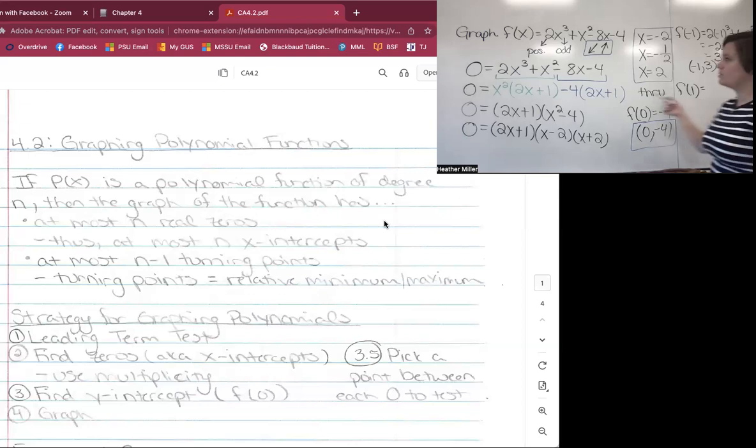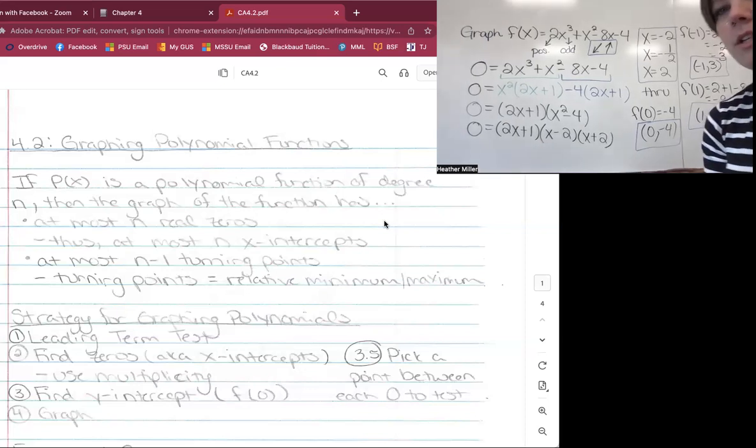So 1 doesn't change if we cube it, so it's just going to be 2 plus 1 minus 8 minus 4. So that's -12, -10, -9. 1, -9. So now we have all these different points and bits of information that'll help us to graph a relatively nice polynomial.